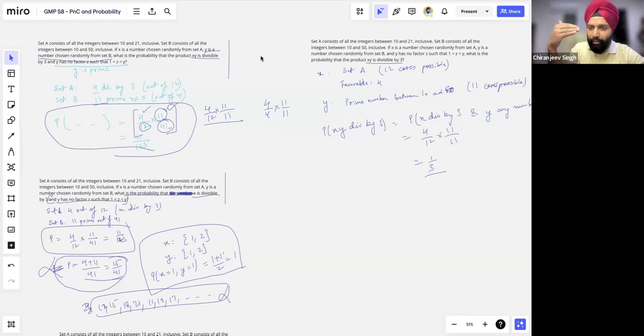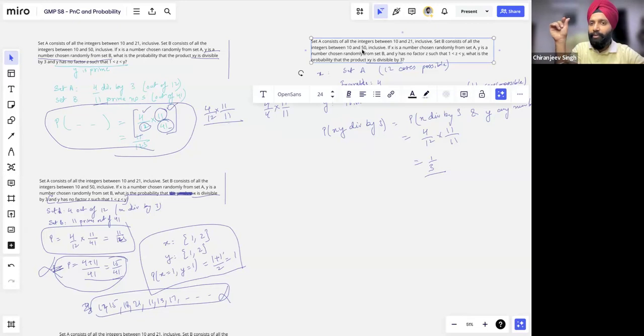And now we need to calculate probability for a specific y, which is that y is a prime number. In the second case, we are given that y is a number randomly chosen, but we are also given that y is prime. So the total number of cases for y has been limited even before we calculate probability for anything. Y cannot be any of the 41 numbers. Y is a prime number out of those 41. So there are only 11 cases possible in the second case.